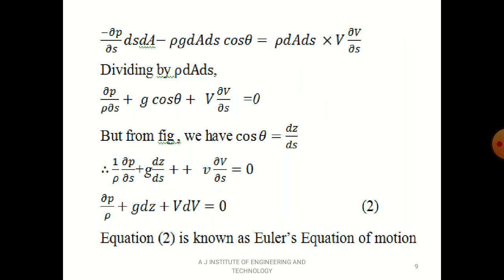So now minus dou P by dou s into ds dA minus rho g dA ds cos theta equals rho into dA ds into v into dou v by dou s.